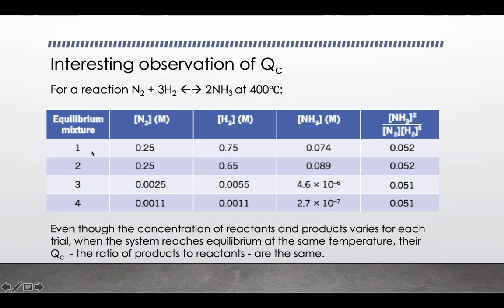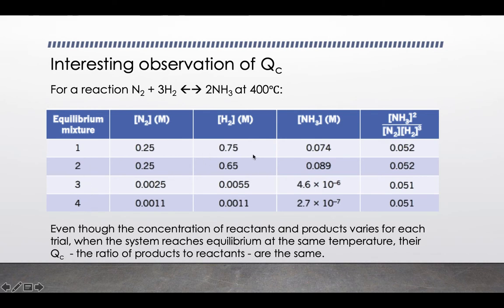You can see that in the first mixture, there are 0.25 molar concentration of nitrogen and 0.75 of hydrogen, resulting in that much ammonia, as compared to reaction mixture 4, which has completely different numbers. But when the temperature is 400 degrees, all 4 mixtures arrive at equilibrium.